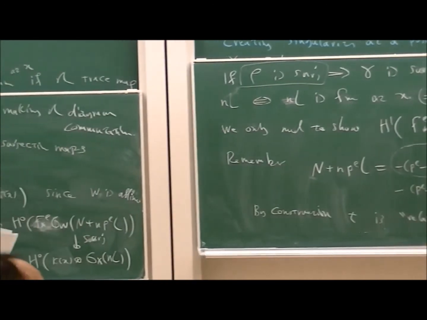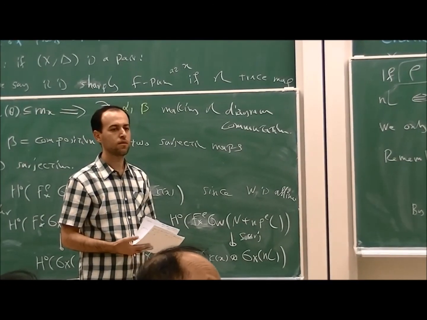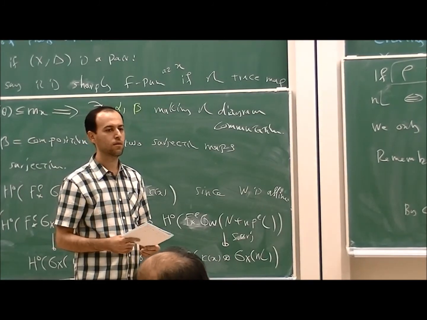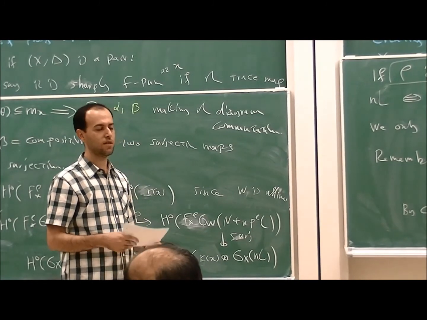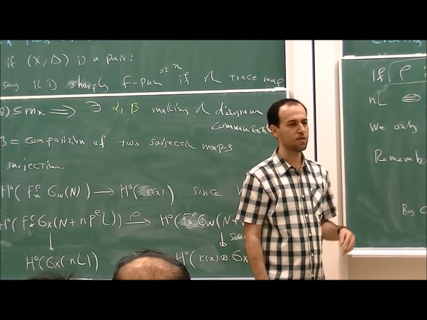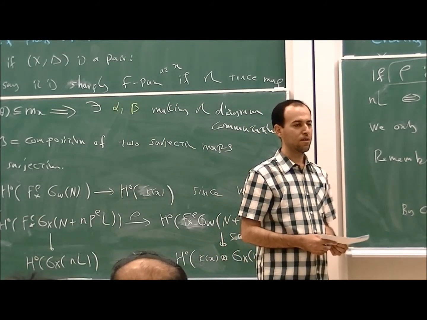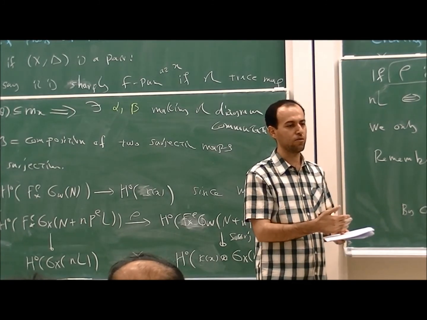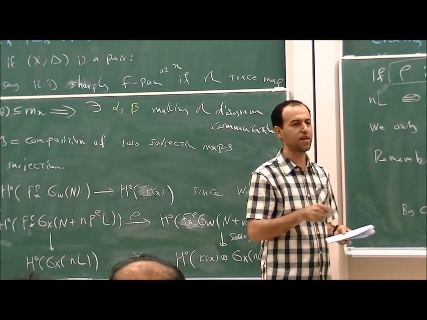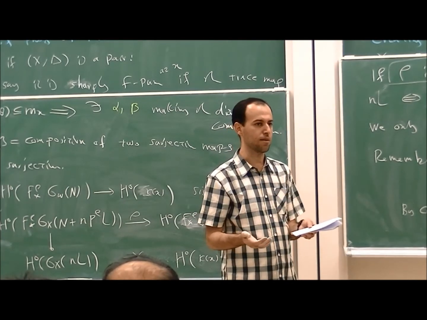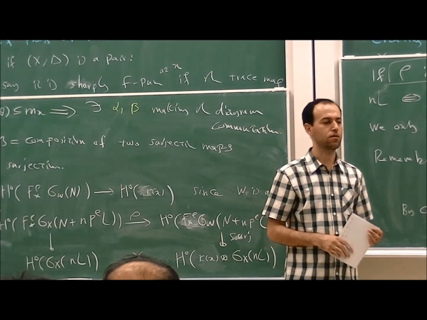Any questions? So the condition that it is strictly nef is used to create this only singular point. Exactly. That's the role of strictly nef. As I was trying to explain, if it is not strictly nef, all these divisors will contain many other subvarieties. So even if you create singularities at the point, you also have singularities somewhere else.